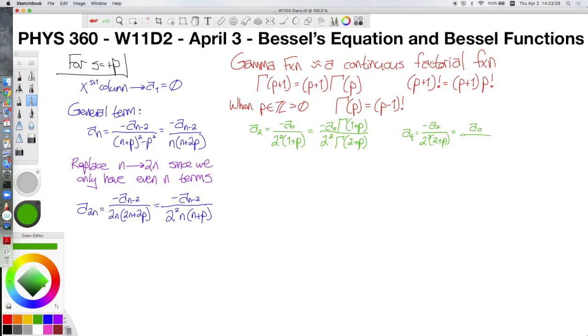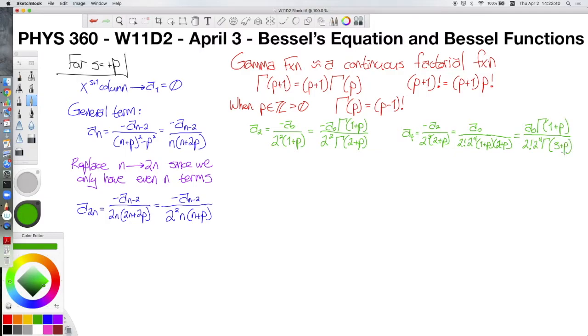We get that a4 is equal to a naught over 2 factorial times 2 to the 4th power times 1 plus p times 2 plus p, which we can then write using gamma functions again as a naught times the gamma function of 1 plus p divided by 2 factorial, 2 to the 4th, times the gamma function of 3 plus p.